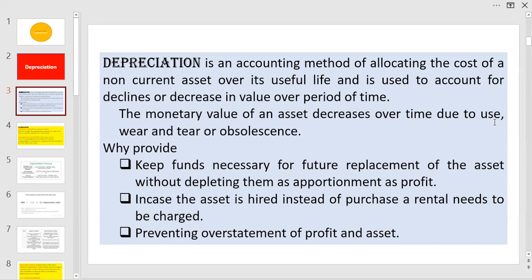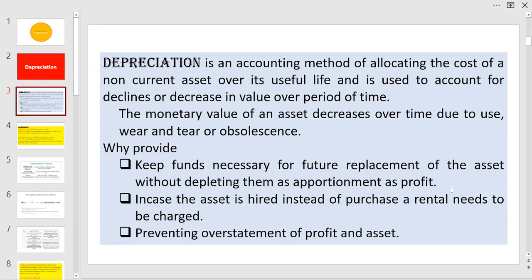Instead of writing off the cost of assets into one accounting period, which will be a burden on the profitability of the business, it is spread over a period of time, also with the intention of retaining funds necessary for replacement.